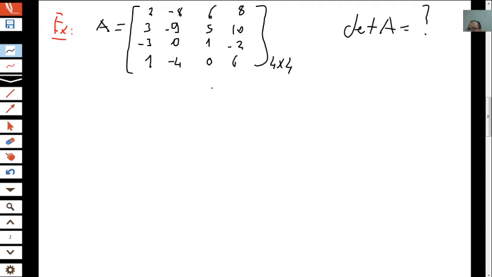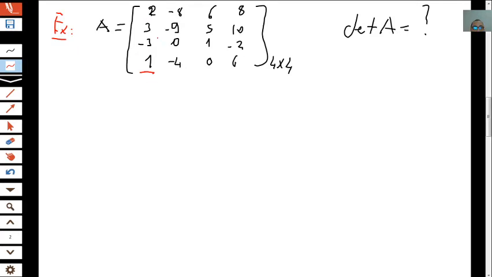Okay, so when we look at the matrix closely, we have here the number 1, but it is in the 4th row, and we want to obtain the number 1 in the 1st row to make the calculation easier.